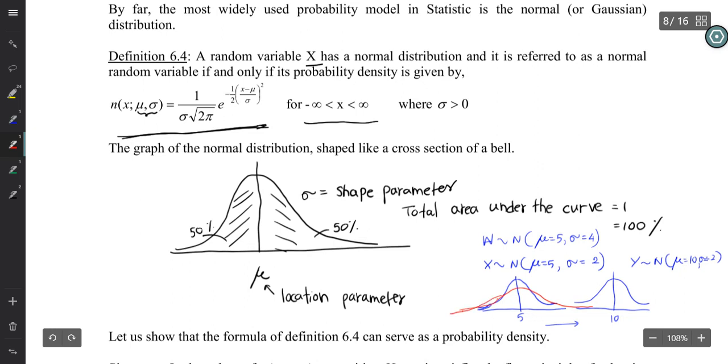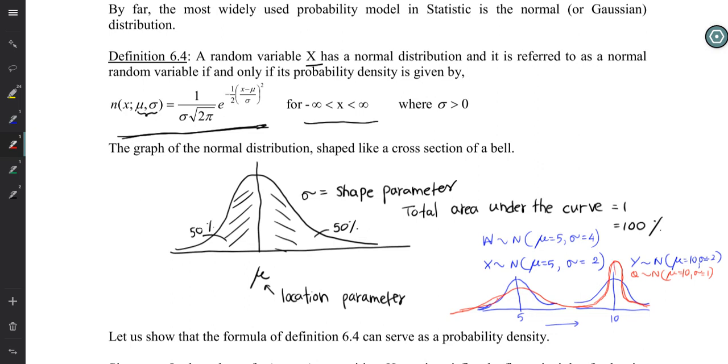And say another one, Q, follows a normal distribution with mean 10 and sigma 1. Now the standard deviation is smaller, but the location is still 10. So your graph will look like this, a very thin bell, but still symmetric about 10.